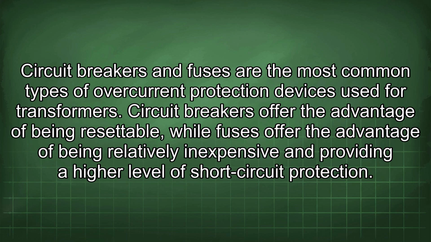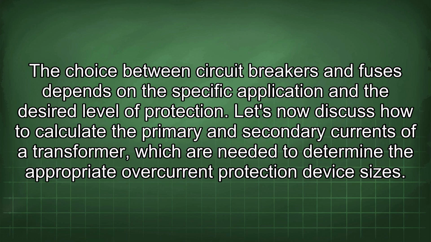Circuit breakers and fuses are the most common types of overcurrent protection devices used for transformers. Circuit breakers offer the advantage of being resettable, while fuses offer the advantage of being relatively inexpensive and providing a high level of short-circuit protection. The choice between circuit breakers and fuses depends on the specific application and the desired level of protection.